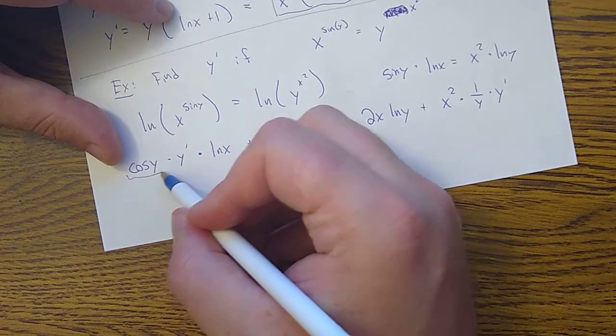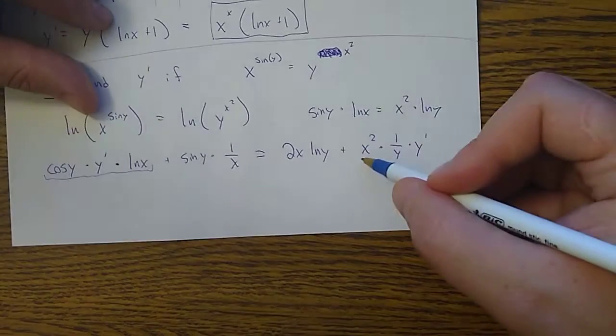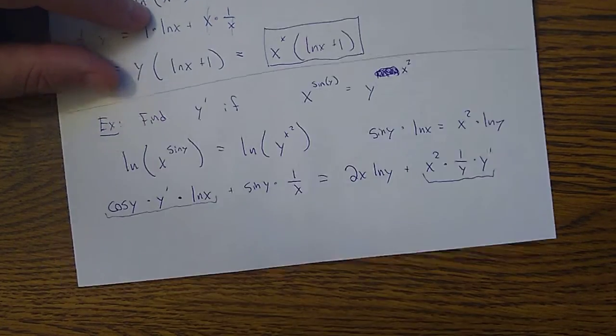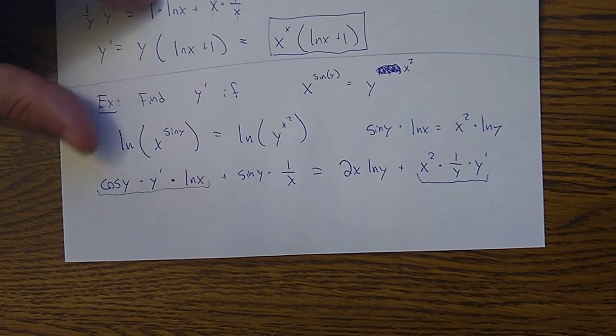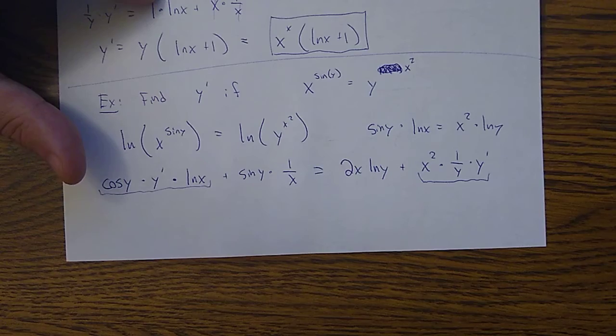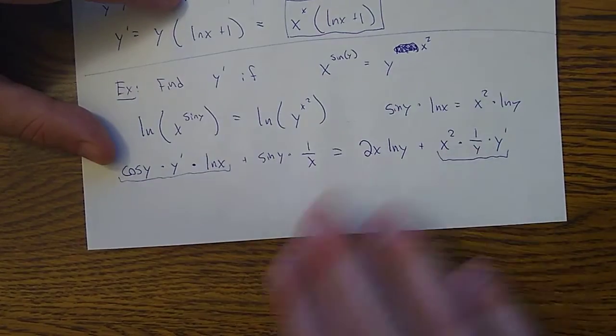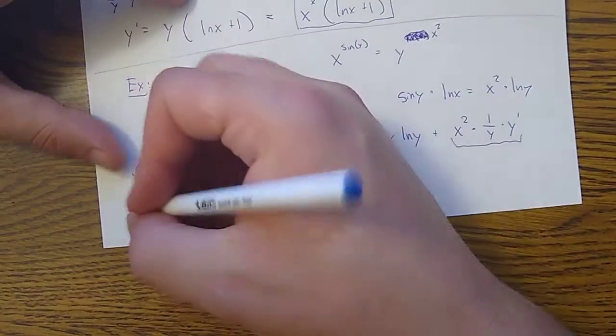Now, this is like implicit differentiation. I have y prime here and here. And they're actually on opposite sides of the equation this time. So I'm going to do almost the same thing I always do. I'm going to move all the y primes to the left. Everything that doesn't have a y prime is going to move to the right.